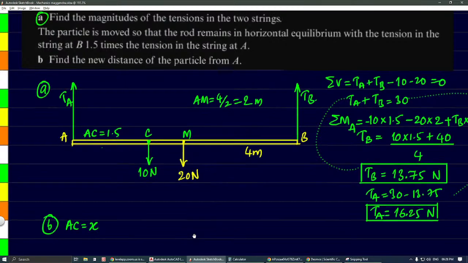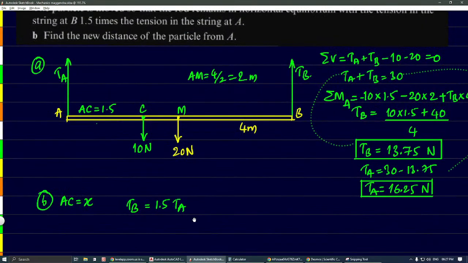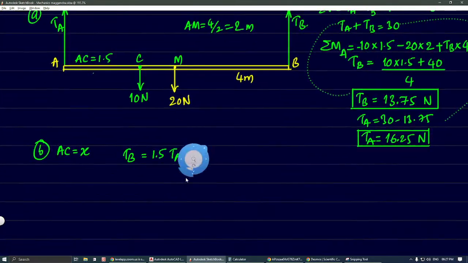And the tension in B is equal to 1.5 times the tension in A. So this relation we have to use in order to find distance x.